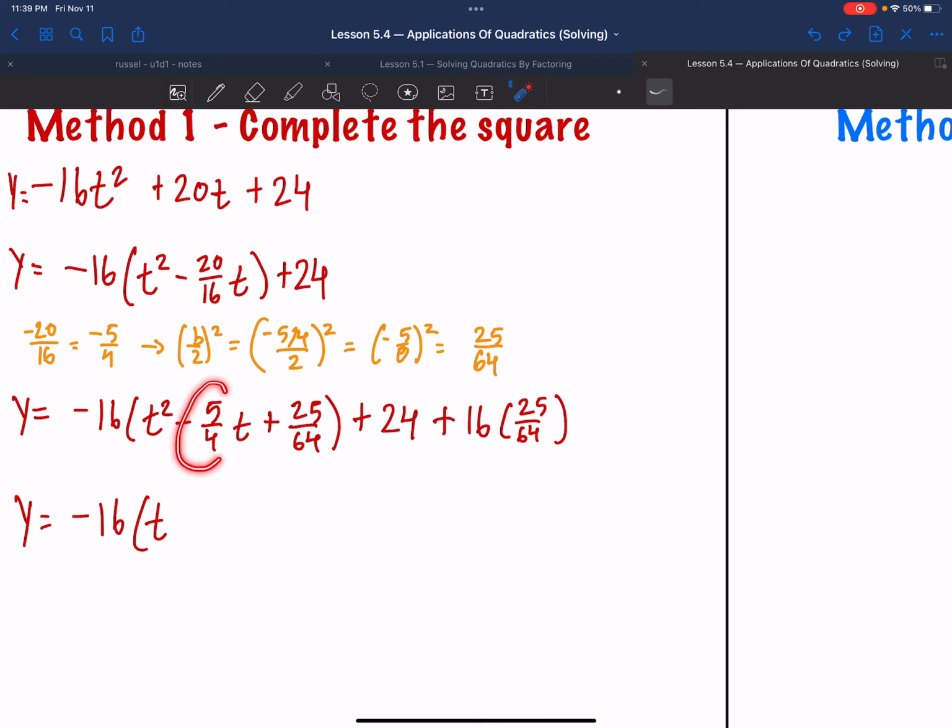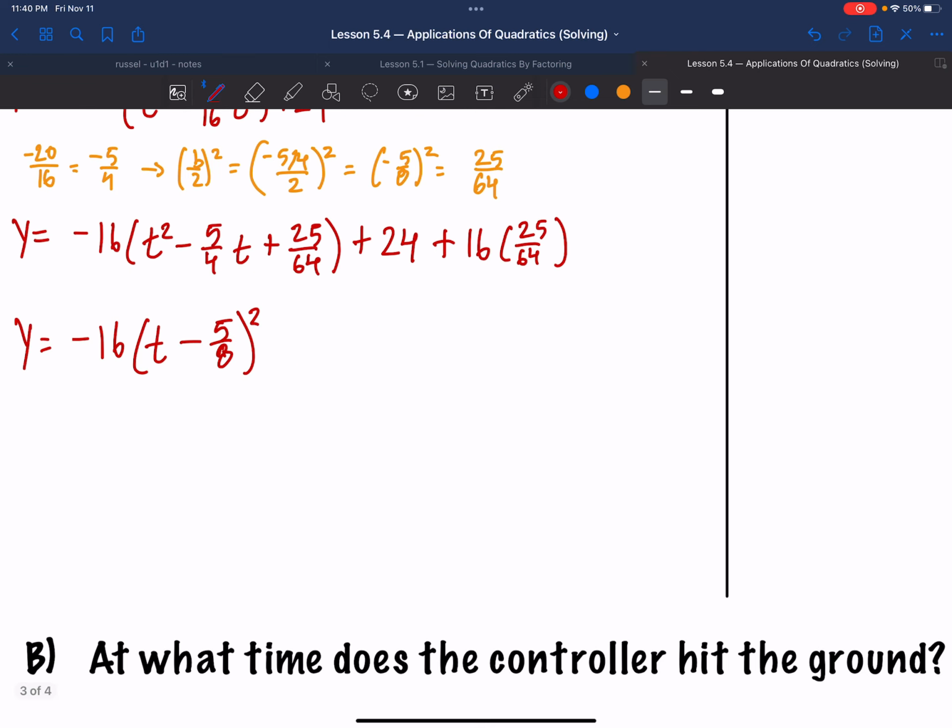Either it's half of that b term, because it's b over 2, or it's the square root of this, because that's still b over 2. So this is t minus 5/8 squared. That's how that's going to factor. Now, if you need to do a little factoring puzzle to figure that out, by all means go do that. But if you learn that shortcut technique for factoring perfect square trinomials, then you don't need to bother with that. And then plus 24 plus 16 over, oh, yikes.